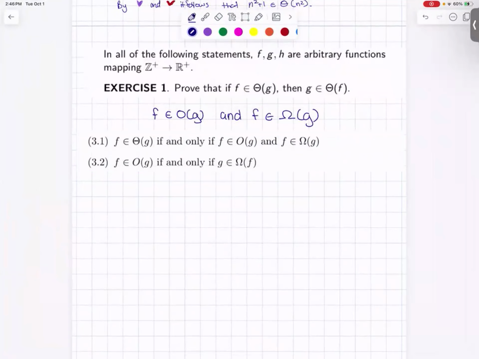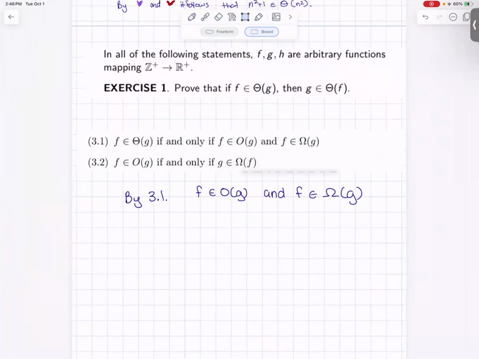So by 3.1, we know this statement right here. That's actually what that statement gives us. And by 3.2, we know that this is true if and only if this is true.